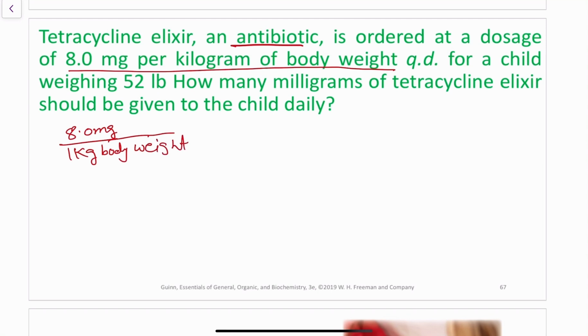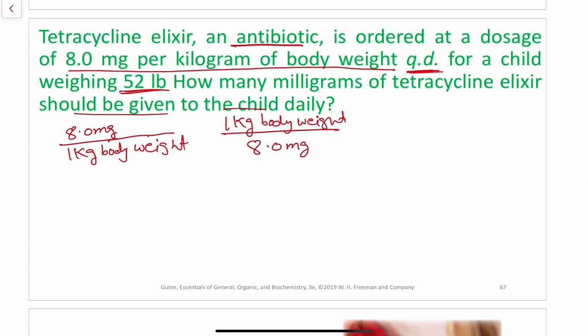Or I can say 1 kg of body weight should be given 8 milligrams of tetracycline. Right? QD means per day, the entire dose per day. For a child weighing 52 lb, how many milligrams of tetracycline should be given to the child?